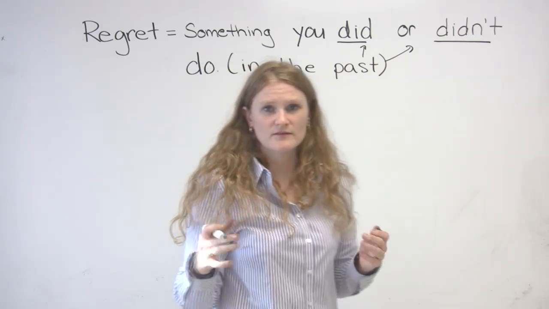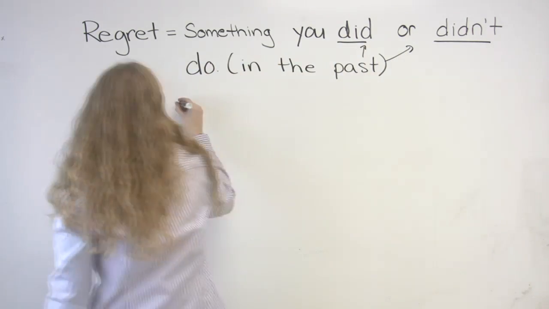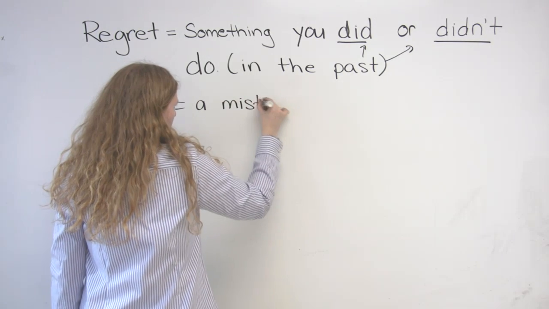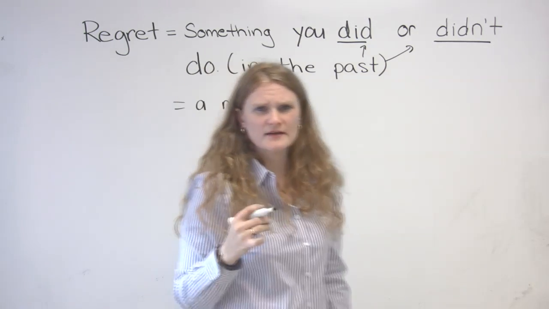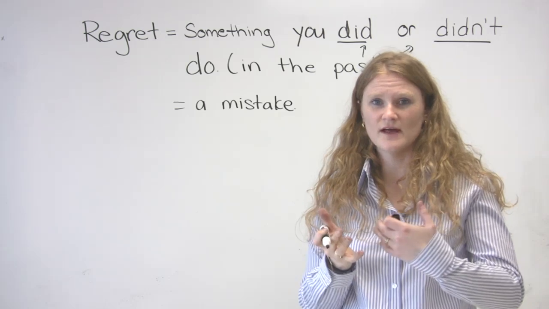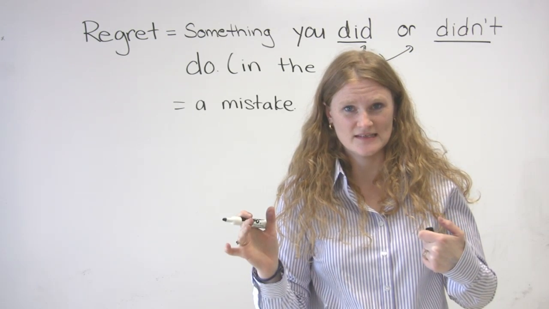Another way you can think of this very easily is a mistake. So, I'd like you to think of a mistake that you made. Usually a regret is a major mistake.